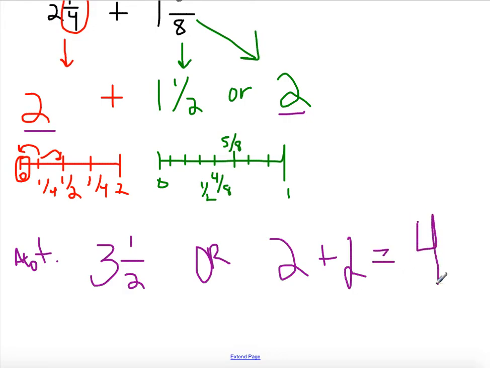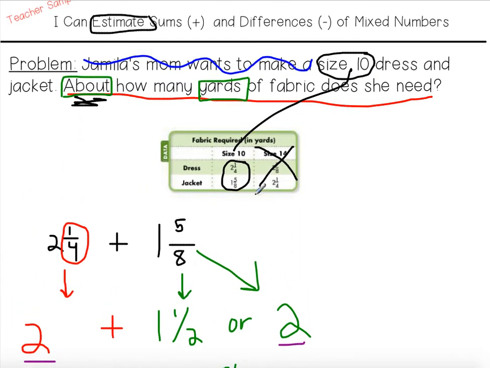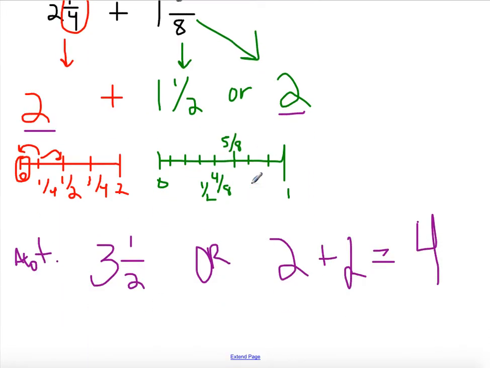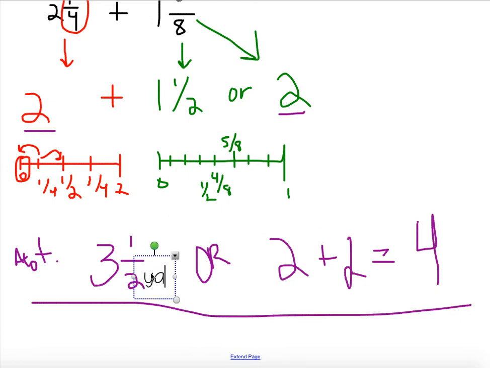We know we need about 4 yards. So either answer would be acceptable depending on how you want to do it. We're just estimating. We're making the numbers easier to work with. We're not looking for common denominators yet. We're just trying to make the answer easier to work with. So either of these would be acceptable, and we would want to put our unit in here, which is yards.